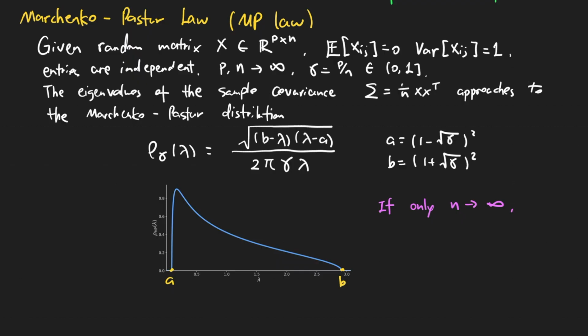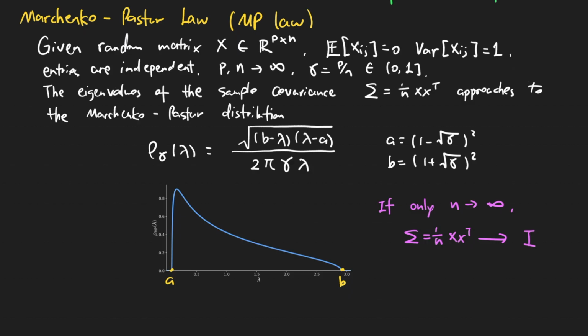When we calculate the covariance matrix as 1 over N times XX transpose, it will converge to the identity matrix. But for RMT, the key distinction is that both P and N grow to infinity, with the ratio between P and N fixed as gamma. That's when the Marchenko-Pastur distribution shows up.